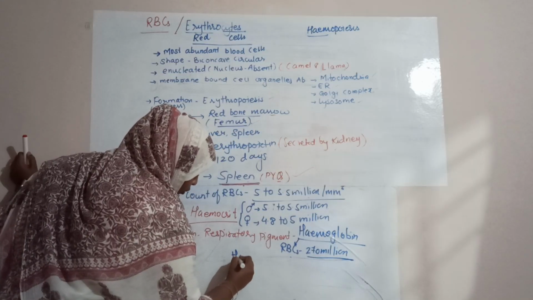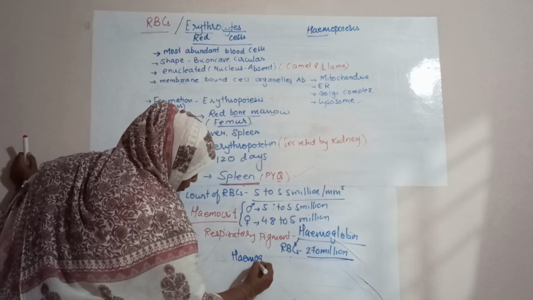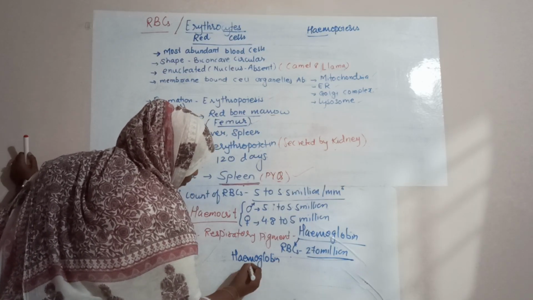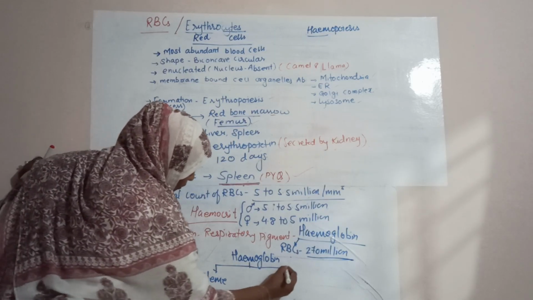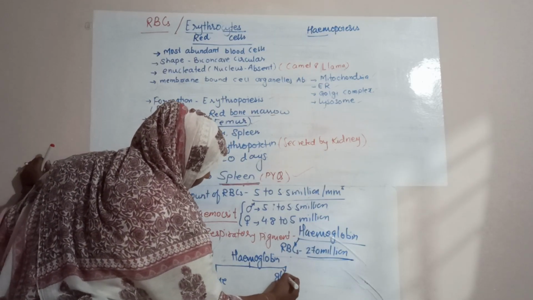Hemoglobin is made up of two parts. One is the heme group and the second one is the globin.